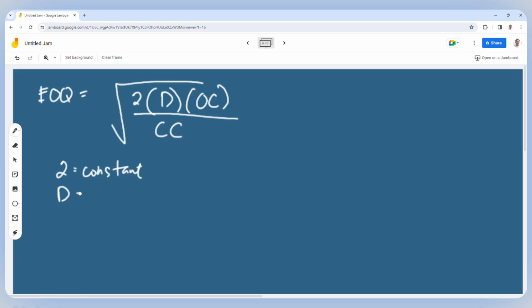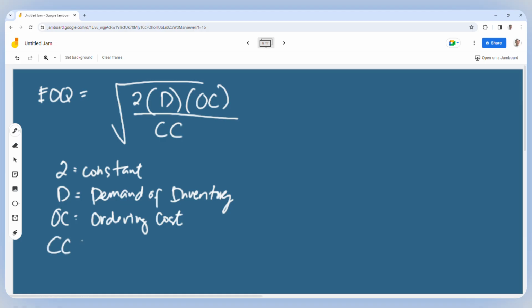Ano yung D? Demand or annual demand of inventory. Ano yung OC here? That would be your ordering cost, cost of order ha. And C naman is what you call carrying cost. Sige.